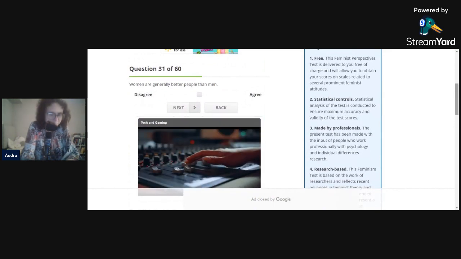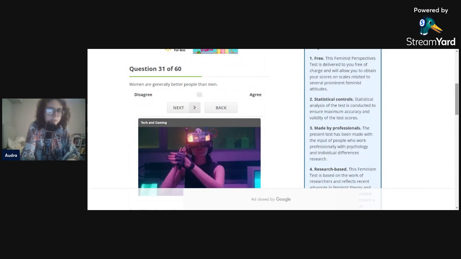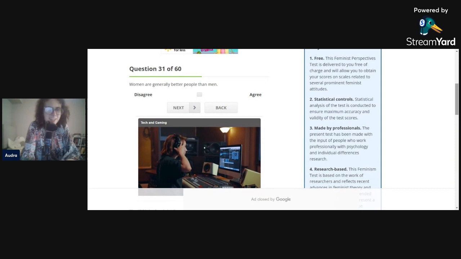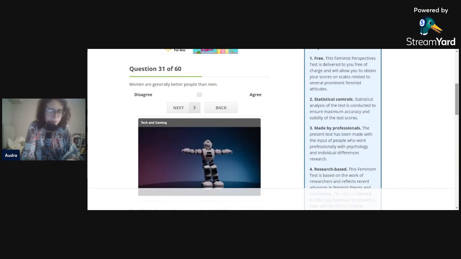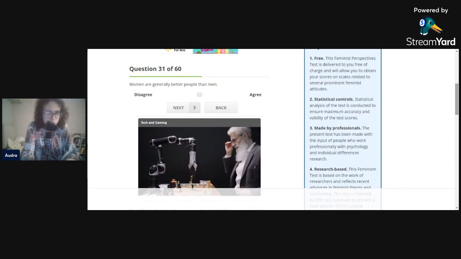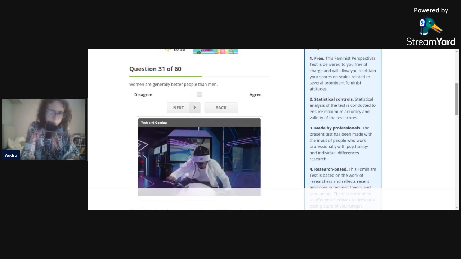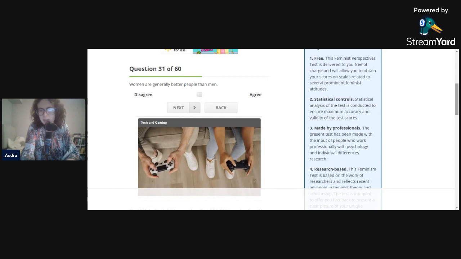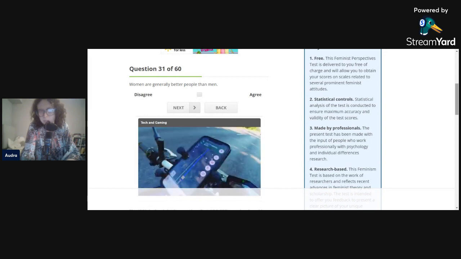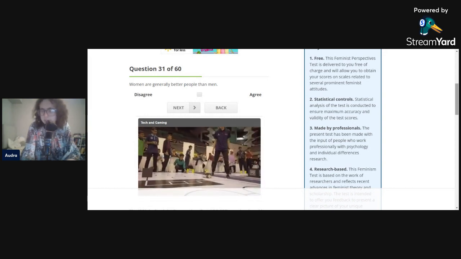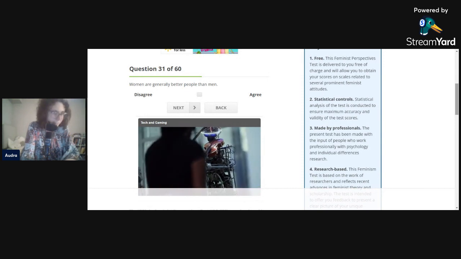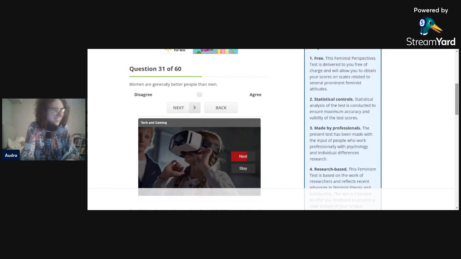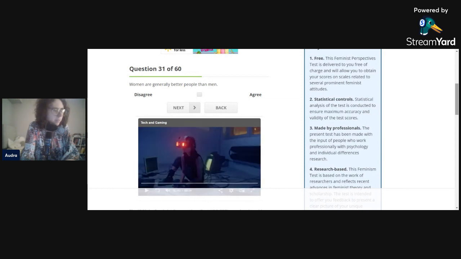I think I'm gonna leave it as neutral because, like I said, men and women are human, and I think that implies that there are men that are good people, there are men that are not so good people. There are women that are good people, there are women that are not so good people. I think men are more likely to make reckless decisions, and some of the worst people in history have mainly been men.